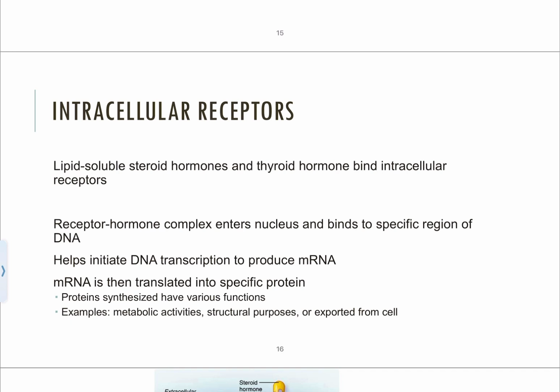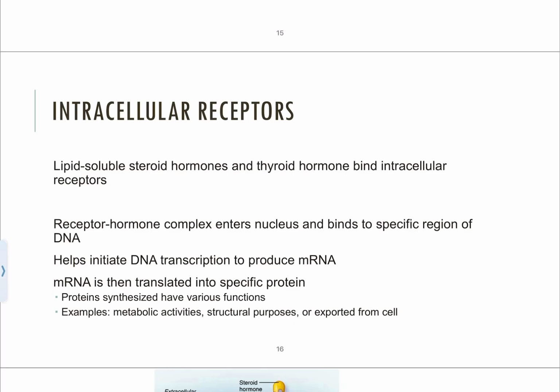The lipid-soluble steroid hormones and thyroid hormones bind to and activate intracellular receptors, again, because they're able to diffuse across the plasma membrane. Once they form the receptor hormone complex inside of the cell, it's then going to enter into the nucleus and bind to a very specific region of DNA.